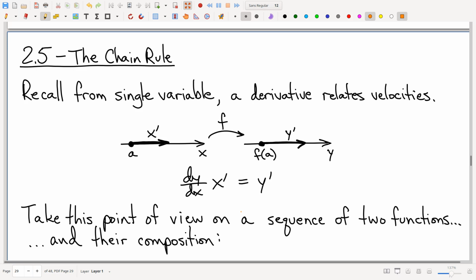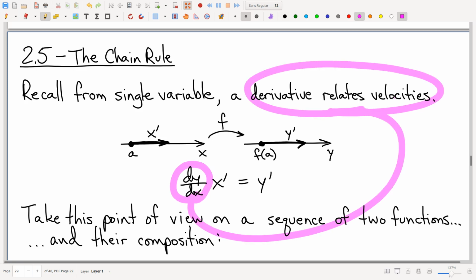Here's our first example. Y'all have a million points of view on derivatives. Here's the one I want to take here. A derivative relates velocities. So in particular, you could think of x prime as representing a velocity in the domain. You could think of y prime as representing a velocity in the target. And the derivative of f is what you multiply by the input velocity to get the output velocity.